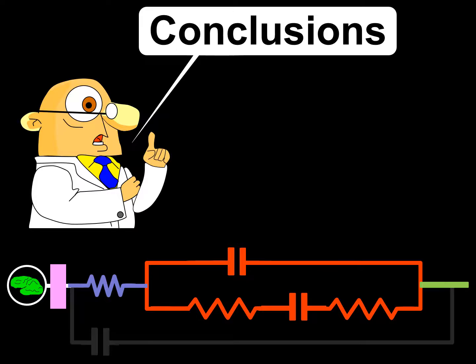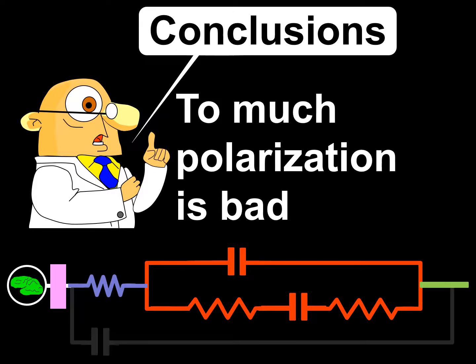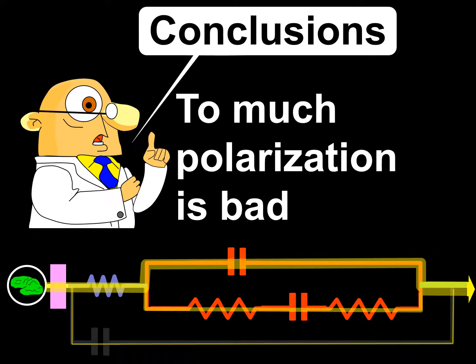The second conclusion is that too much polarization is bad, because in this situation, most of the current will not travel through the resistor leg of the parallel circuit, but through the capacitor leg. I again have represented this by the thickness of the yellow lines.